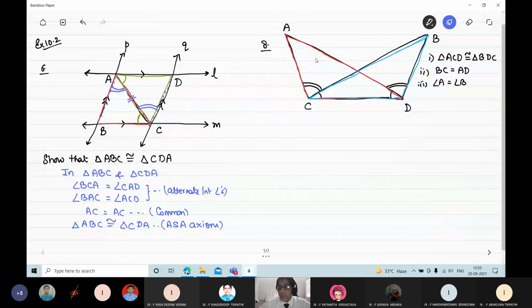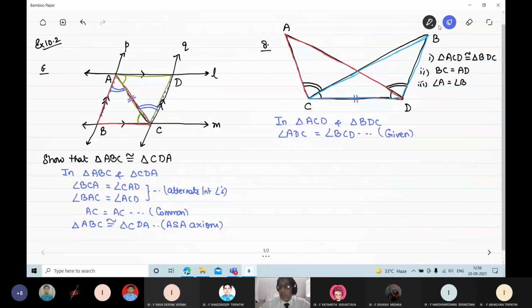Now, in both these triangles, we see that CD is equal to CD, that is common. Then, in triangle ACD and triangle BDC, I can say that angle ADC will be equal to angle BCD. This is given to be equal. Is this clear, children? This angle is equal to this angle.